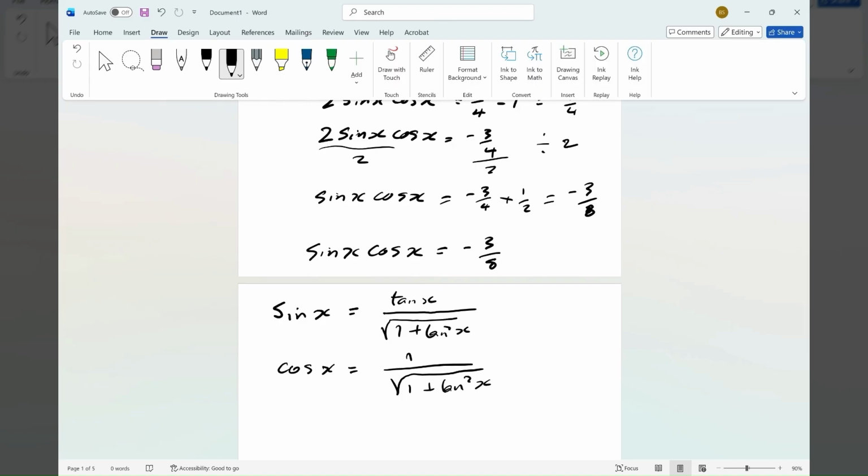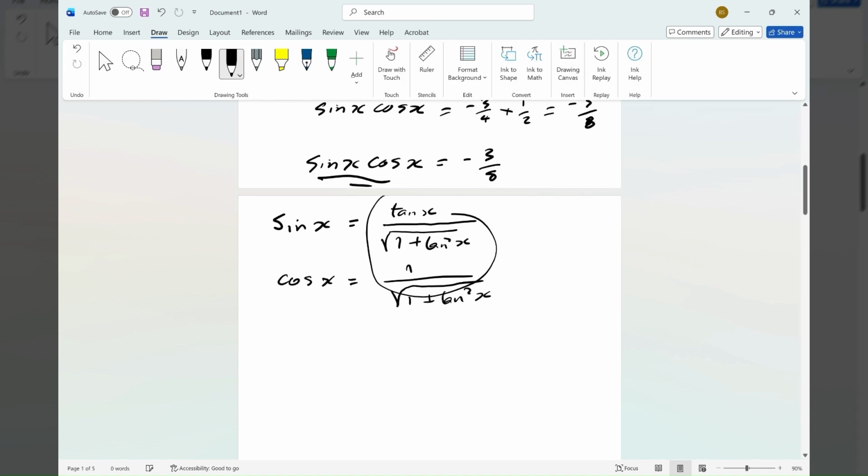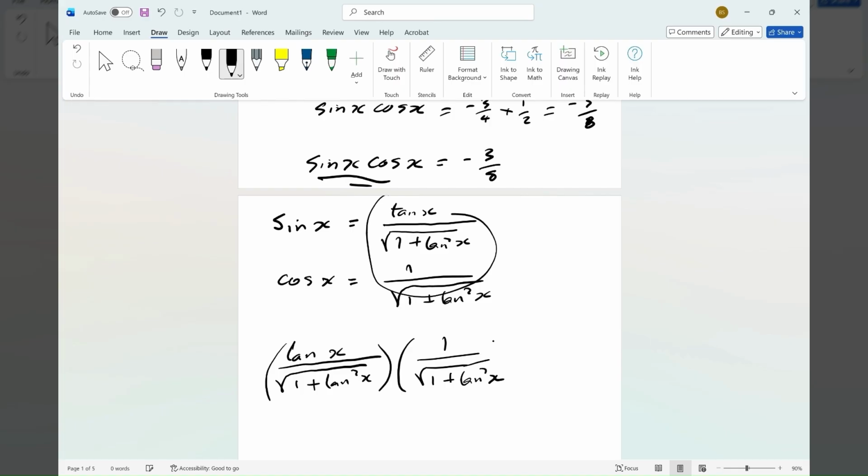Substituting these terms into this, we now get tan x over 1 plus tan squared x, outside of the square root, all equal to negative 3 on 8.